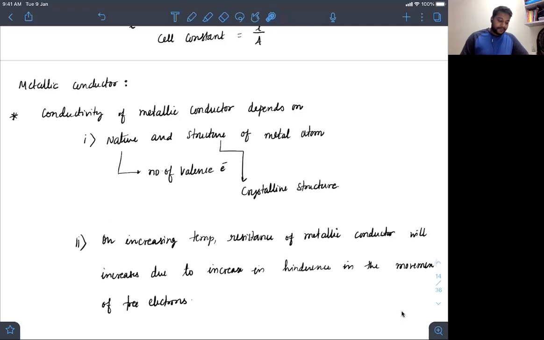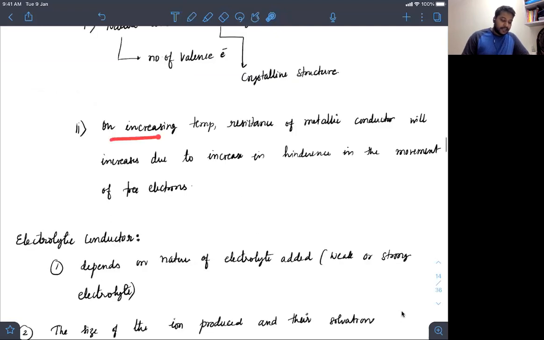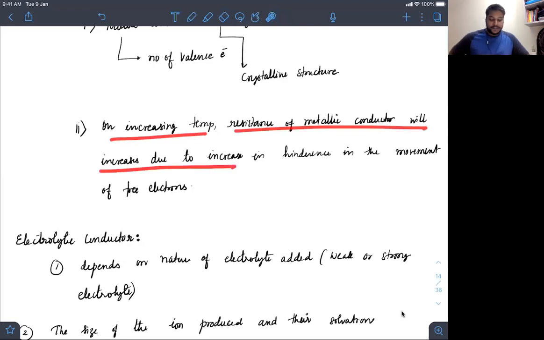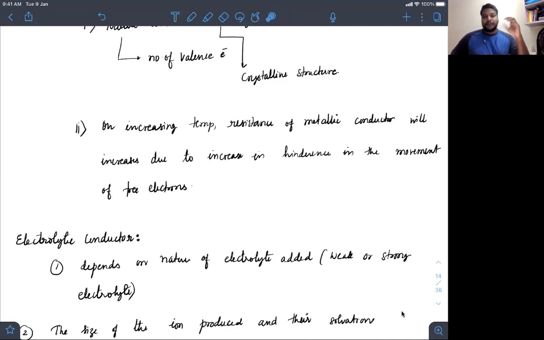Second, on increasing temperature, the resistance of a metallic conductor will increase due to increased hindrance to the movement of electrons. When you increase the temperature, all the atoms start vibrating about their mean positions, because of which the flow of electrons gets restricted. As the electrons come over, there is no easy transfer of momentum to the next electron, because they have to keep moving about the mean position as well.